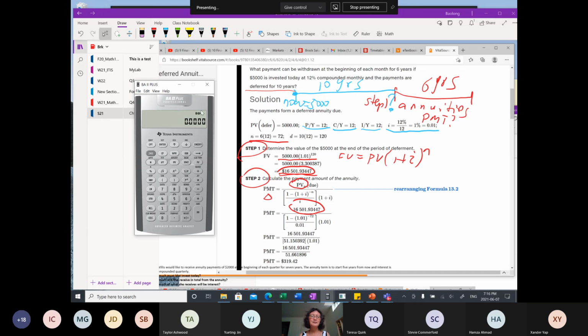See, my calculator has a BGN on the top right corner. Once you set up this begin mode, set up PY. Over 10 years, PY equal to 12, CY equal to 12. So second PY 12, enter.